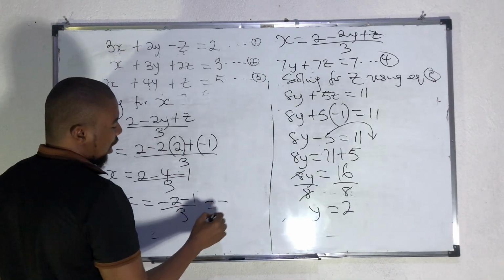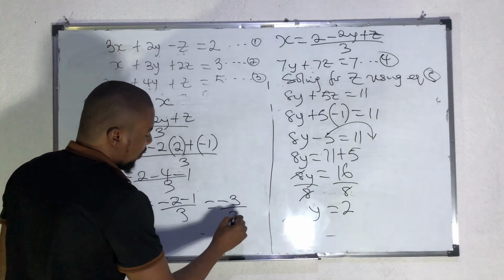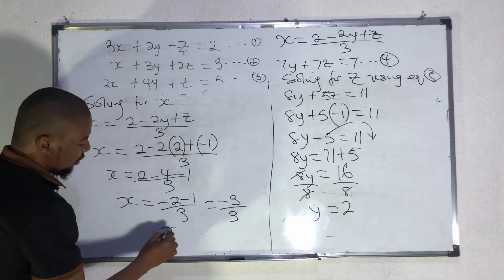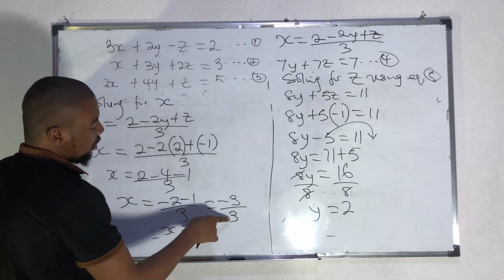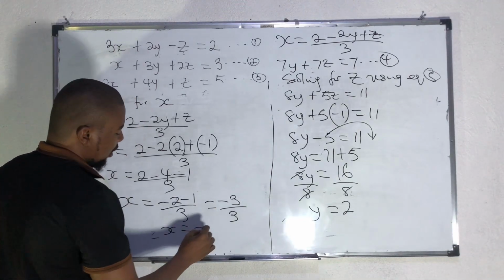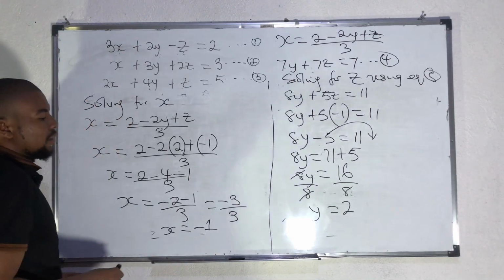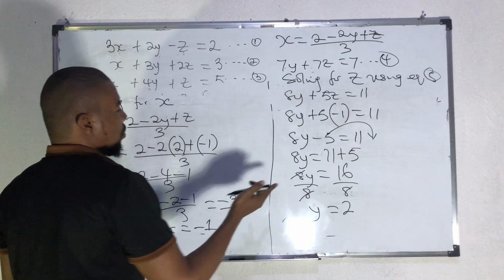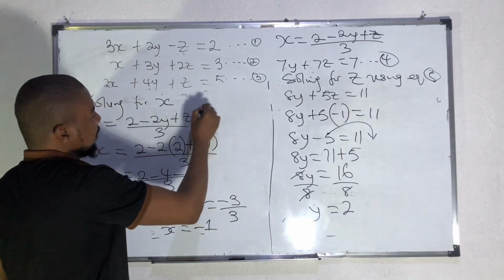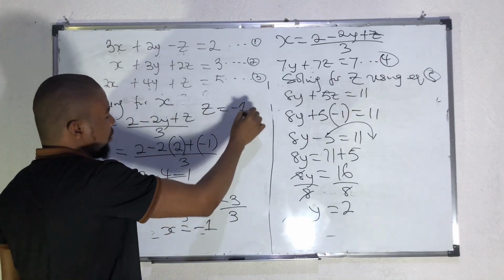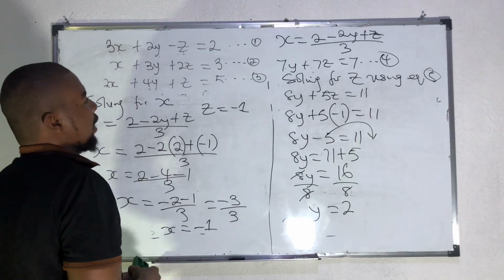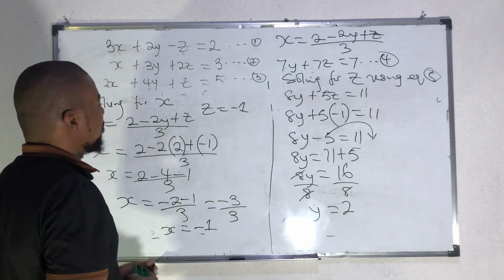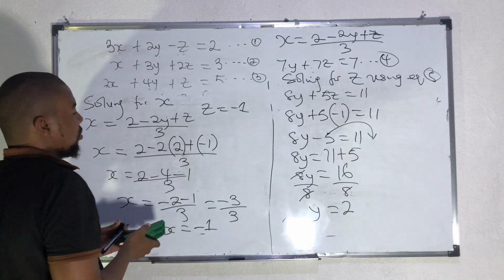If you punch it on your calculator, you get a negative 3 over 3. X is equal to negative 3 divided by 3, which will give you a negative 1. Hence, x is equal to negative 1, y is equal to 2, and our z is equal to negative 1 as well, just as we found in the original solution.